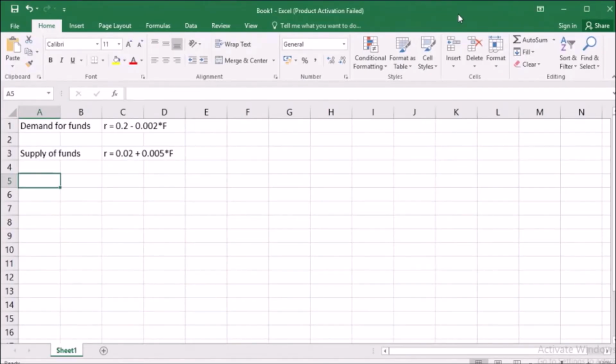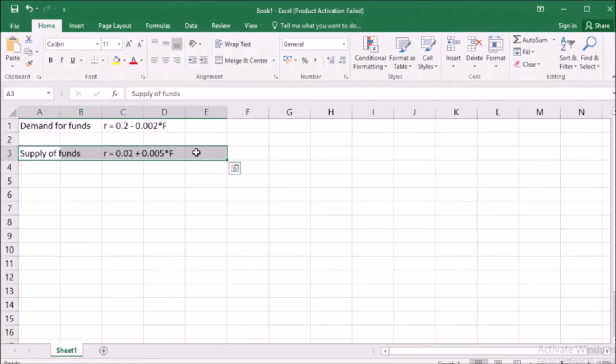Having learned about the demand and supply of loanable funds, finally let's combine demand and supply together to find our first market equilibrium. Let's say we have demand for funds given with this straight line, this demand curve, where interest rates are equal to 20% minus 0.002 times the quantity of funds demanded.